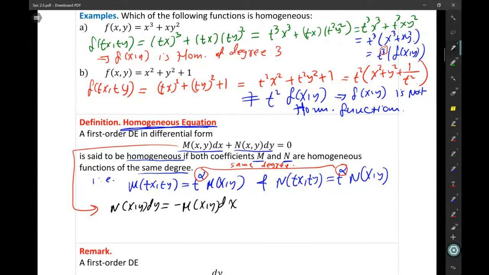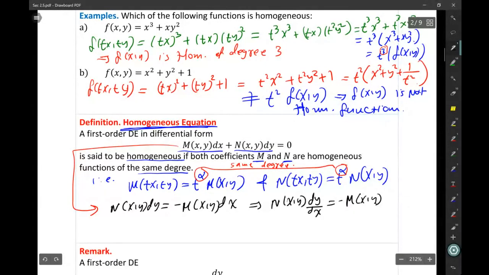Divide both sides by dx, you will get n of xy dy by dx is equal minus m xy. Divide by n becomes dy على dx بتساوي minus m of xy divided by n of xy.